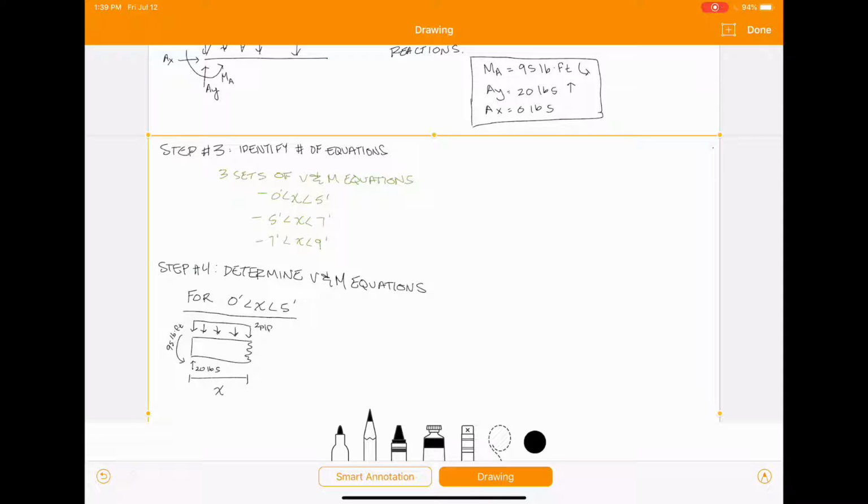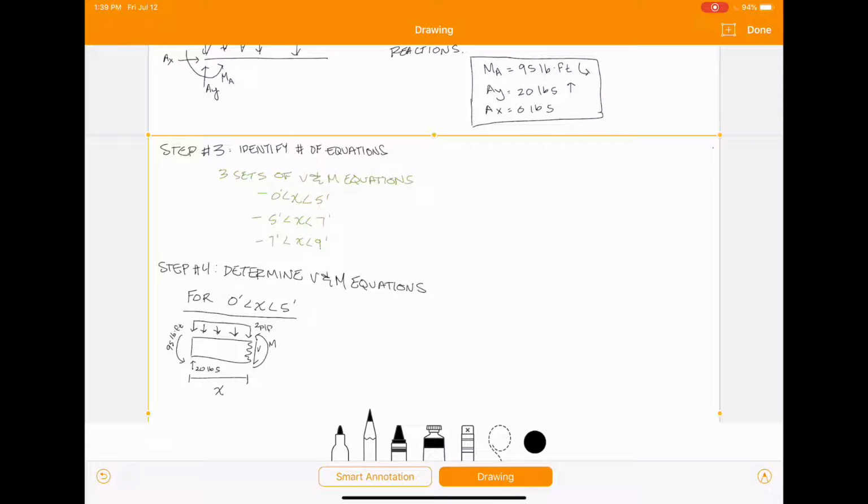And as we always do with cut sections, we apply our internal forces. We're not going to apply our normal force because in this case, we're just looking for diagrams for shear and moment. They're not asking for a normal force diagram, although you could graph that as well. But in this case, we're not being asked for it, so we're not going to worry about it.